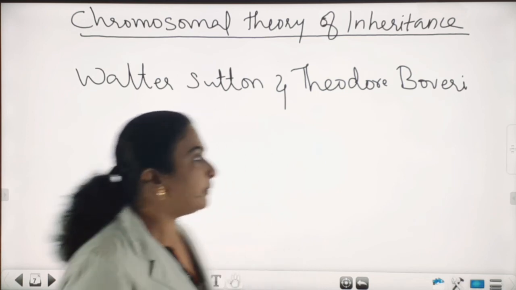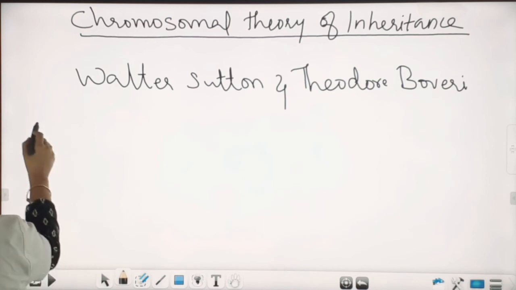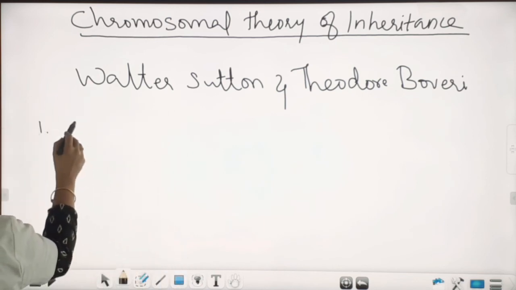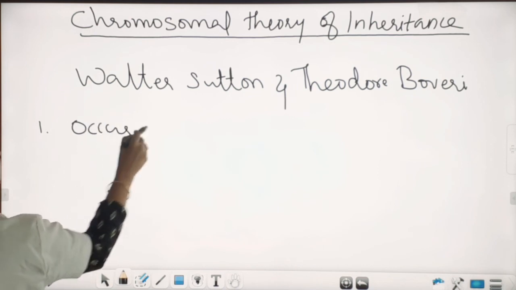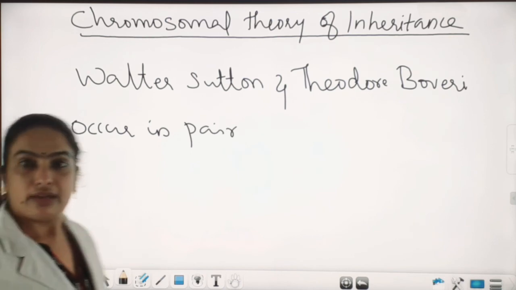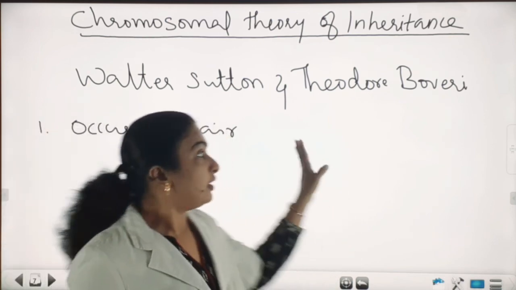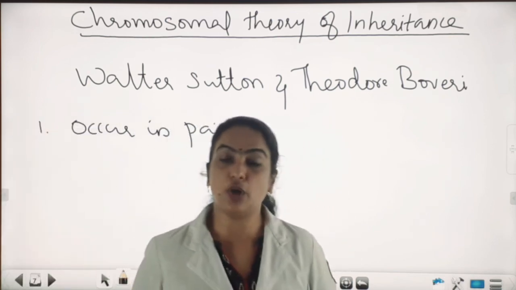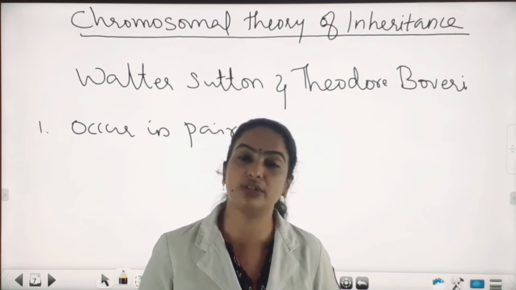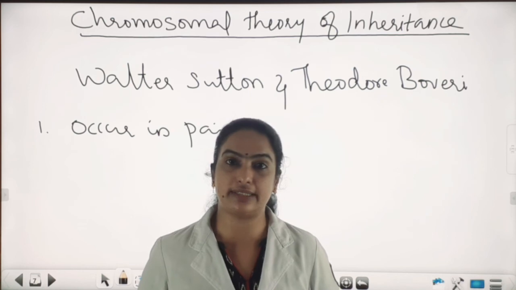So the theory postulates, first, both the chromosomes and genes occur in pairs. Theodore Boveri and Walter Sutton observed a parallelism in the behavior of both chromosomes and genes.